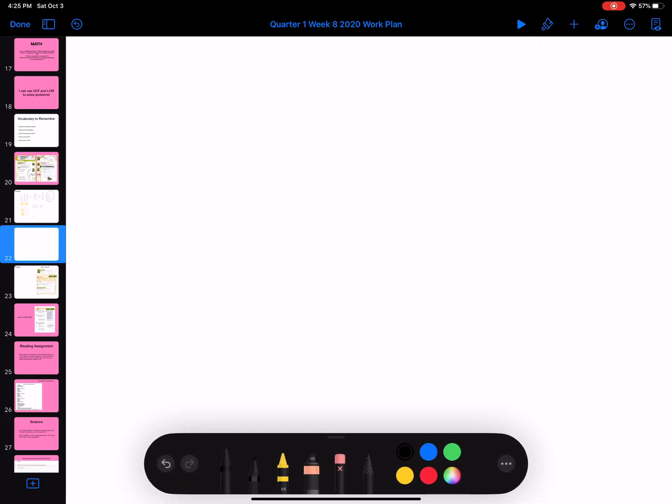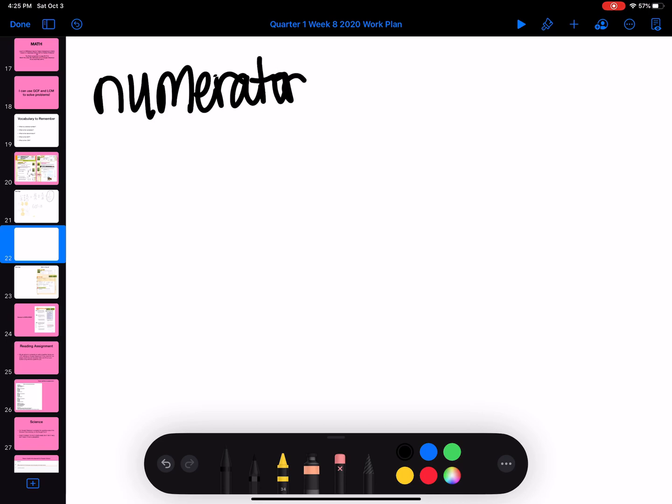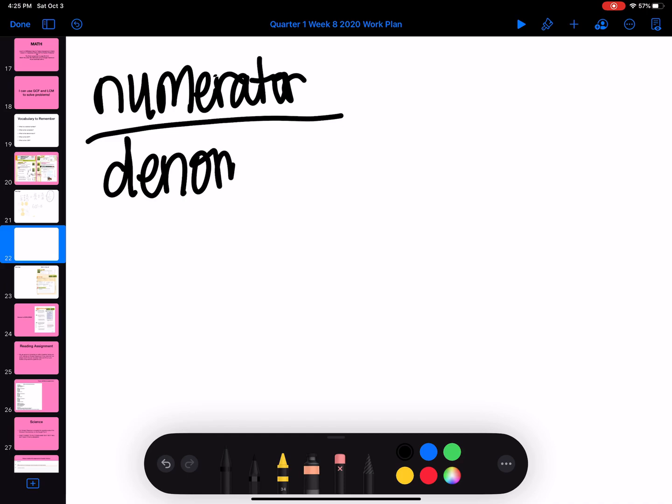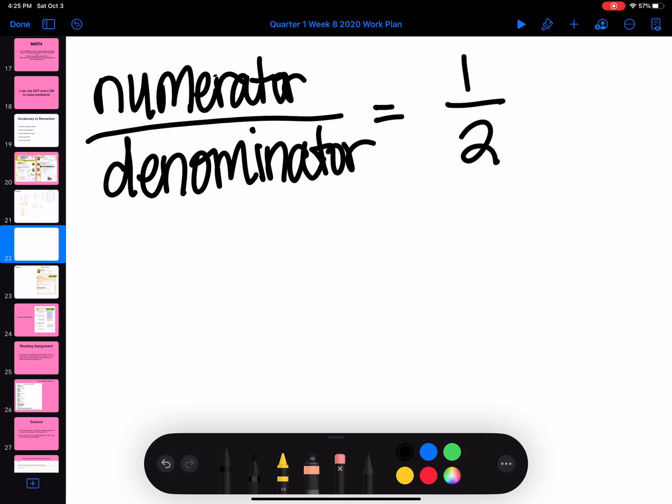So remember, a fraction is just numerator over denominator. The number on the top is the numerator, and the number on the bottom is the denominator. For example, if I have the fraction 1/2, the 1 is the numerator and the 2 is the denominator, because the 2 is how many pieces are in the whole.